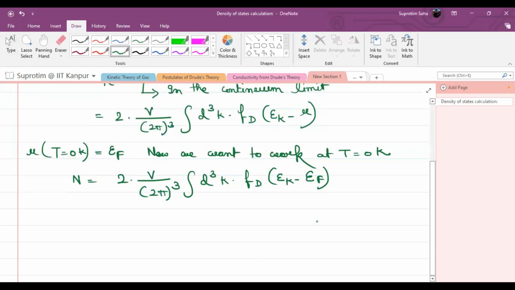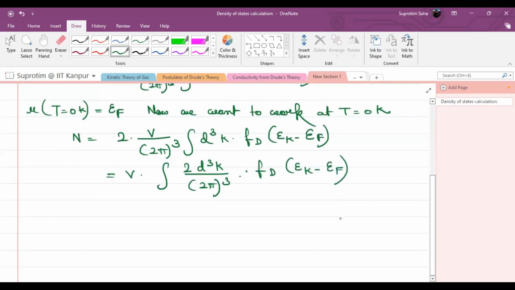Now, from this, we are going to do a manipulation. Taking V out of it, we push 2 d cubed k by 2 pi whole cube times the Fermi Dirac distribution into a separate term altogether.